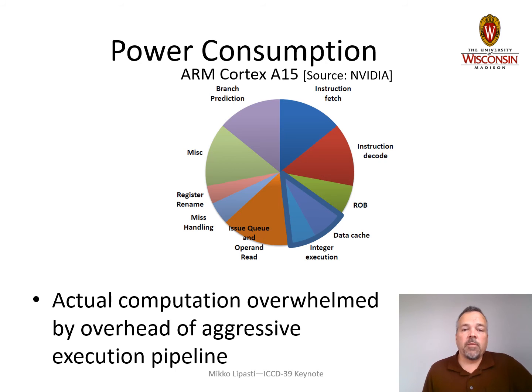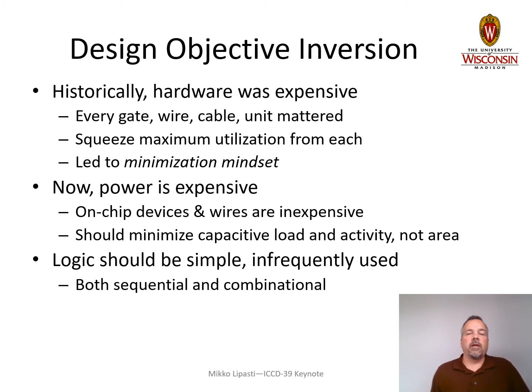So that's the fundamental question that we started to ask: has there been a design objective inversion from the historical perspective of hardware being expensive? We wanted to optimize every gate, every wire, every unit. We wanted to maximize the utilization. Hence, we had this mindset of minimizing those units, minimizing the cost, and maximizing the utilization.